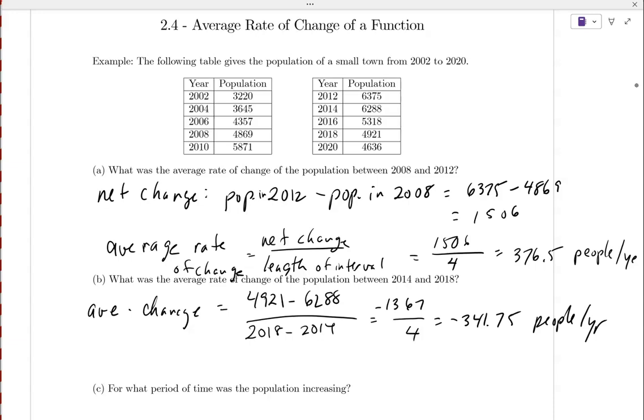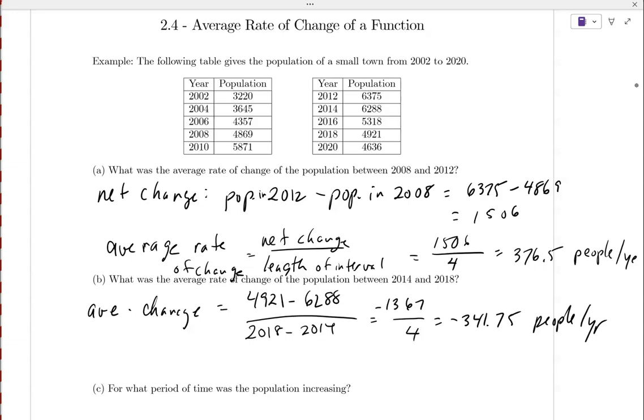So looking at the particular signs there, the sign can tell us if it's going up or if it's going down. Obviously, here the population went up because we started at 4869, went up to 6375, it went up, and we got a positive sign there. When the population went down, we get a negative sign.